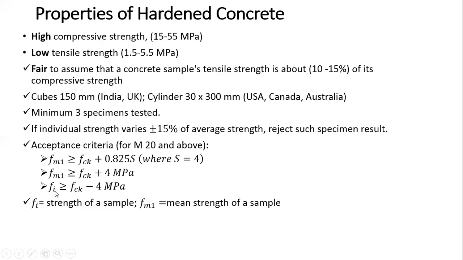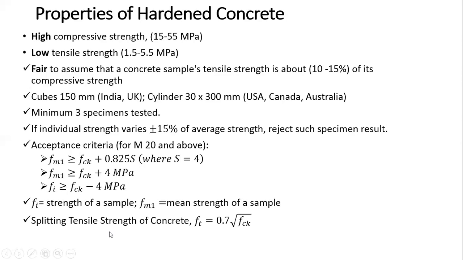And any individual test result Fi should be greater than or equal to Fck minus 4 MPa. Suppose your Fck is 20, so 20 minus 4 is 16. So any individual test result should be greater than or equal to 16 MPa. So these are the criteria for measuring the strength of concrete.